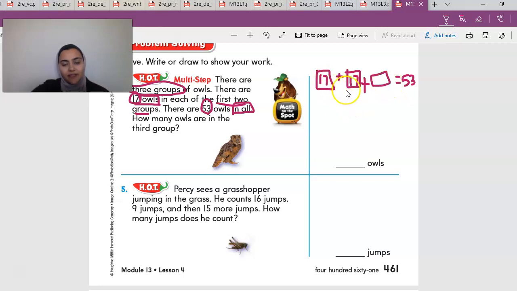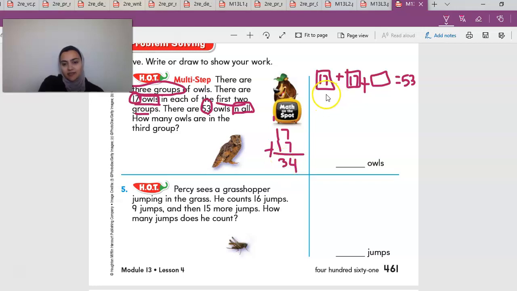If this were just a 3-digit problem, then we would do this minus this, right? But we can't do that because there's 2 here. So we have to do an extra step first. We have to add the first group plus the second group, which is 17 plus 17, to see how many owls there are to begin with. 7 plus 7 is 14, I know that because it's a doubles fact. And 1 plus 1 plus 1 is 3.